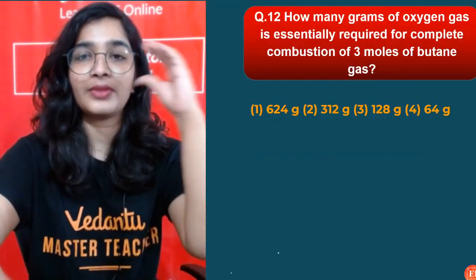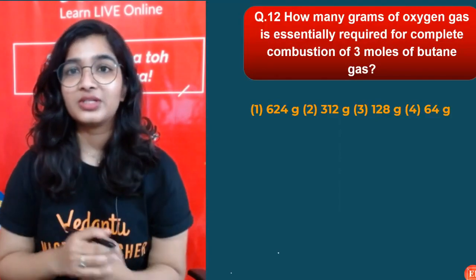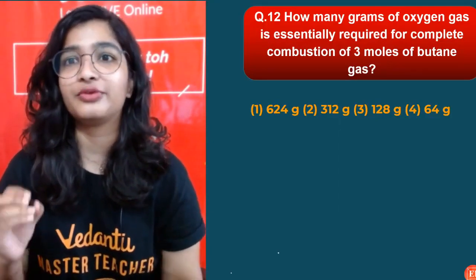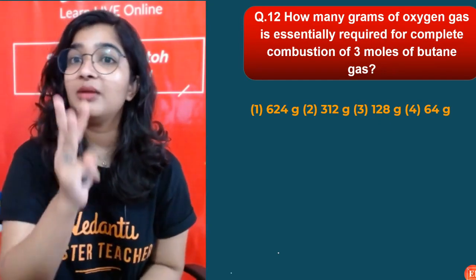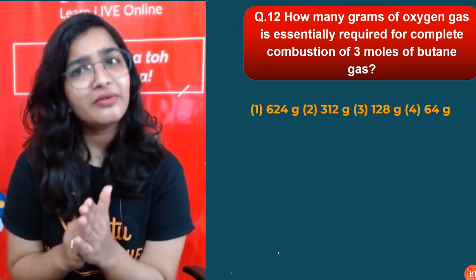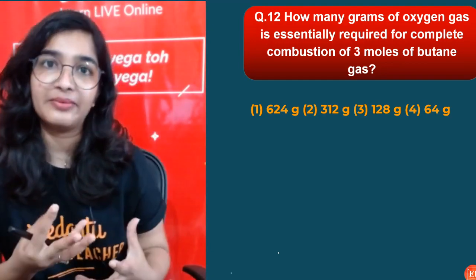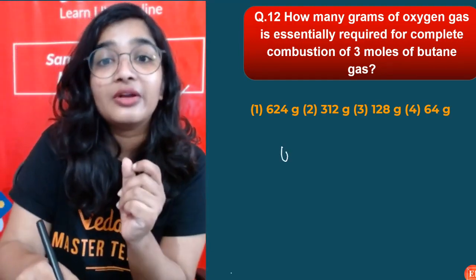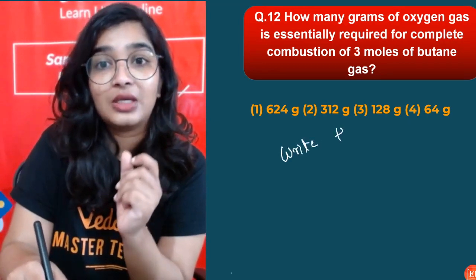Okay, so the next question is, how many grams of oxygen gas is essentially required for complete combustion of 3 moles of butane gas? Whenever they ask you how many grams are required, how many moles are required, the first thing you have to do is write the balanced equation.